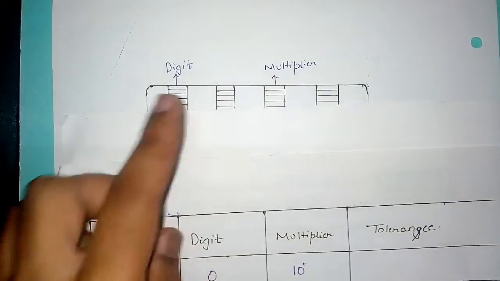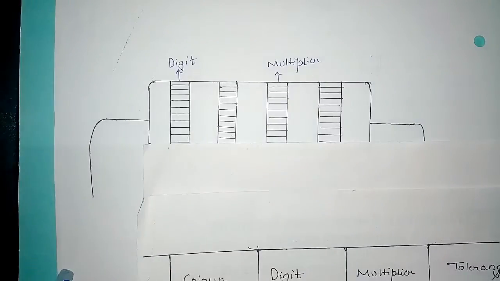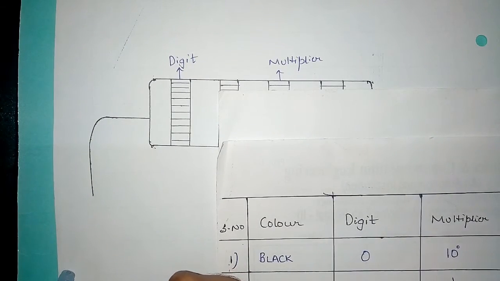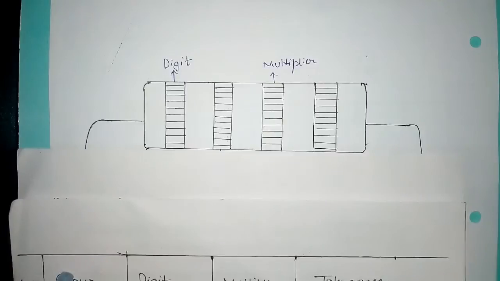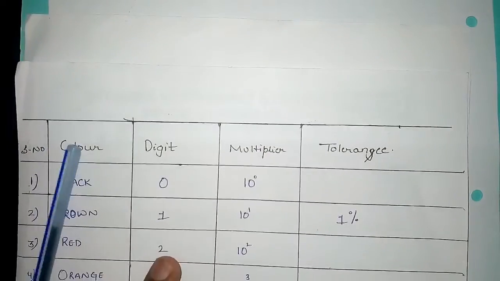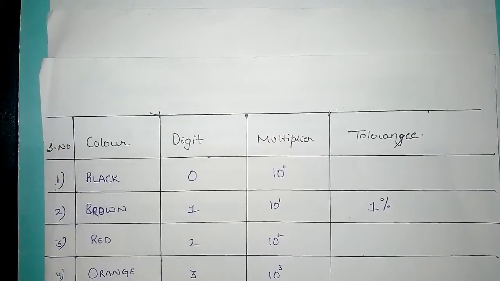So if any color, for example, if brown is coming here, in this case we are considering the digit as 1. And when it comes to the multiplier, here we have different values for different colors of multipliers.